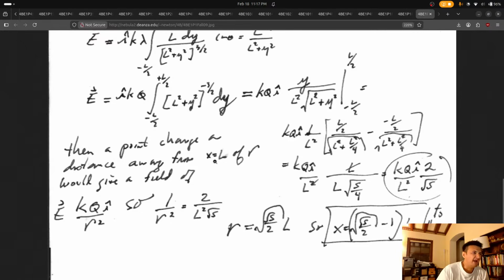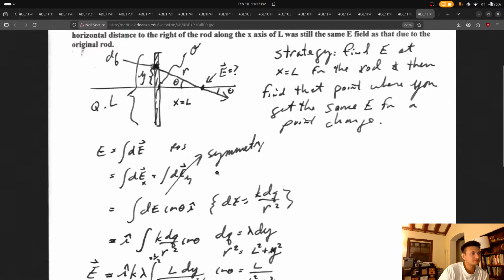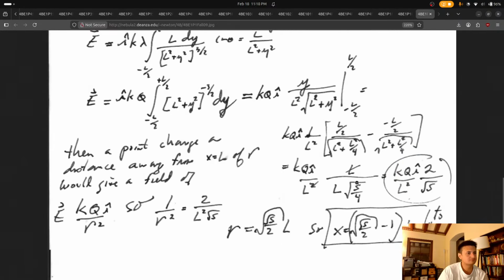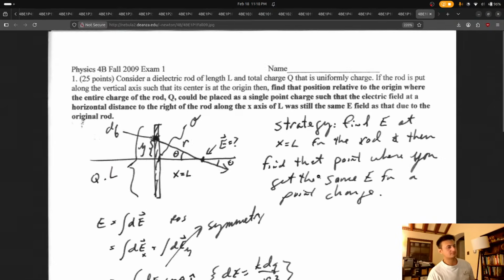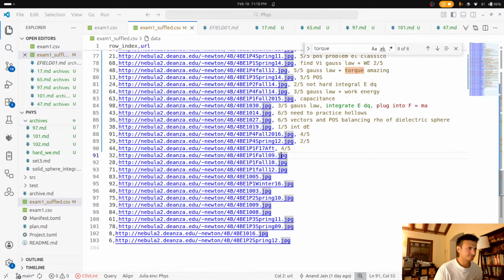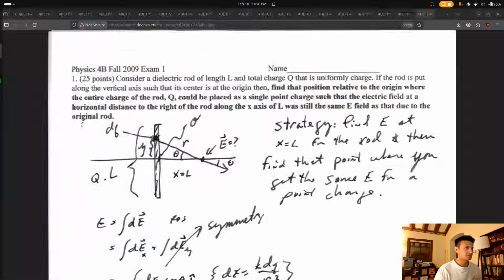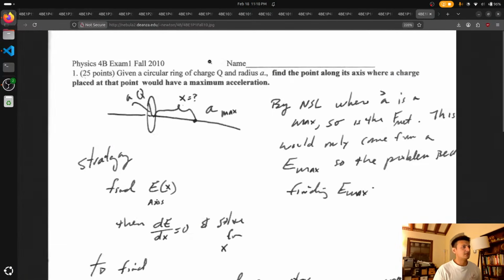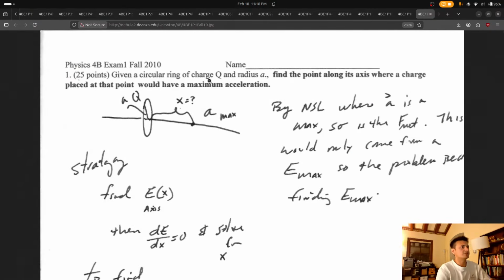We give a field of. Okay. This is a good one. Ooh, I like these ones. Okay, given a circular ring of charge Q and a radius A, find the point along its axis where a charge placed at that point would have a. No, actually, I hate this one, bro.